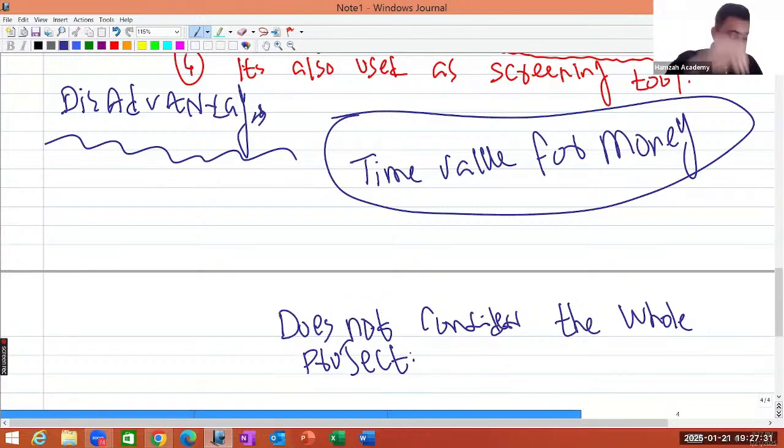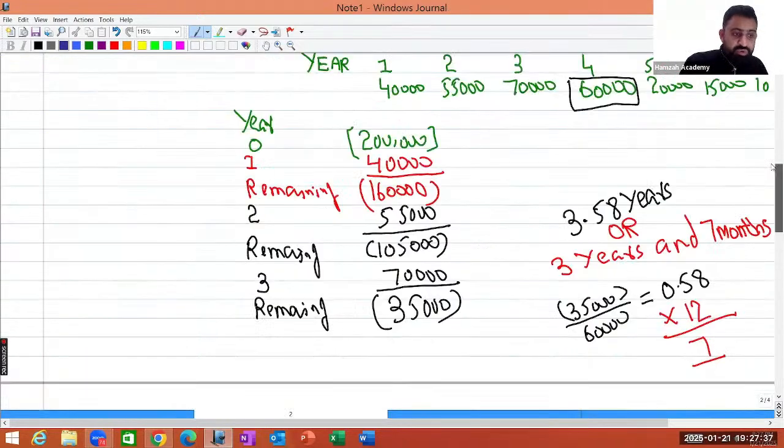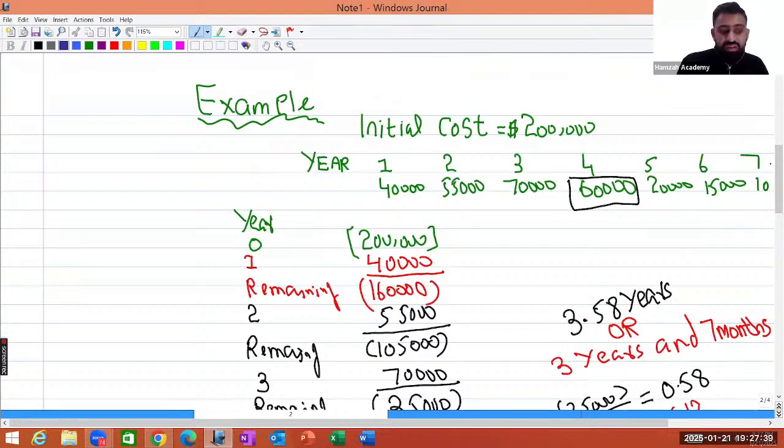Like in my example, I considered only cash flows up to 4 years. And when I had completed my payback, I didn't consider the cash flows which are arising after the payback period. Now, this is a problem because subsequent cash flows may be much lesser than earlier years. Like after 4 years, we have a significant decline in cash flow, 20, 15, and then 10.